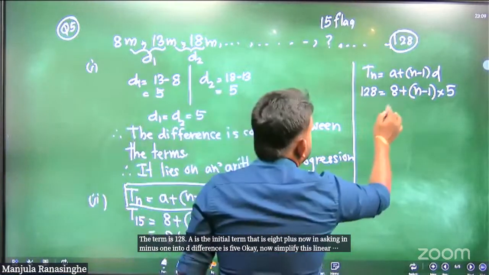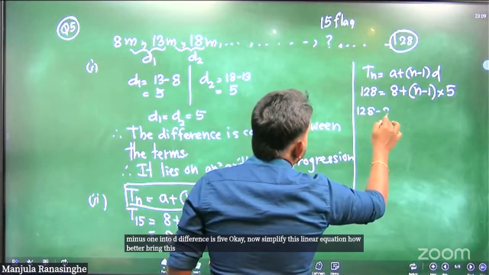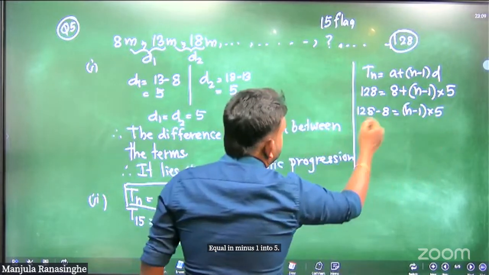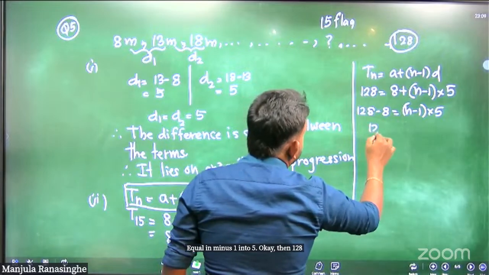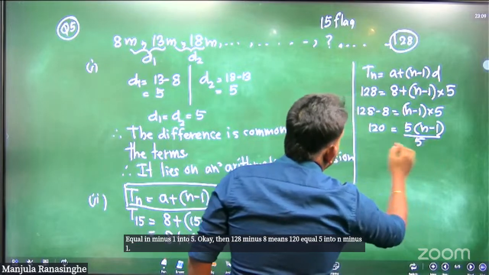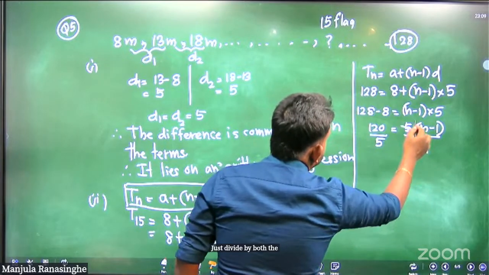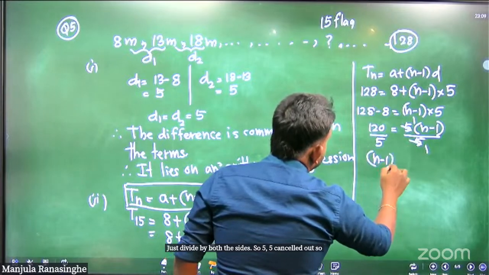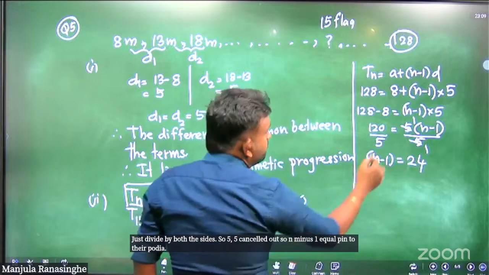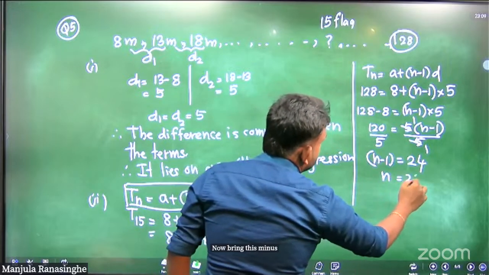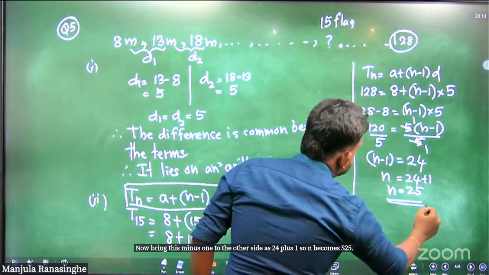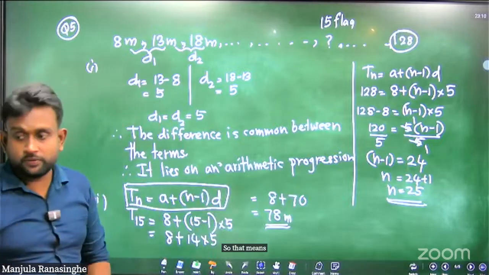Bring this 8 to the other side as minus 8: 128 minus 8 means 120 equals 5 into n minus 1. Divide both sides by 5, so n minus 1 equals 24. Bring this minus 1 to the other side as 24 plus 1. So n becomes 25. That means the 25th term.